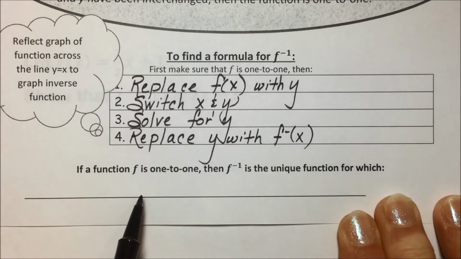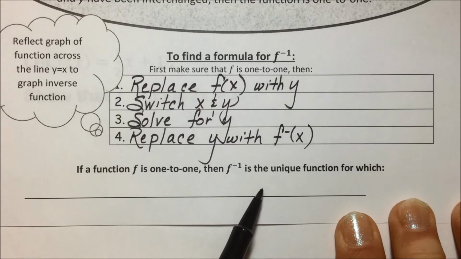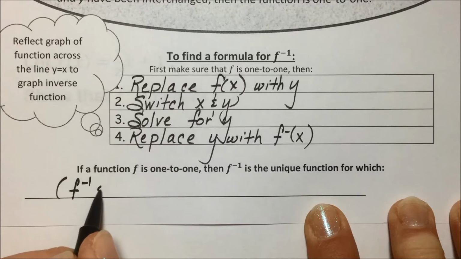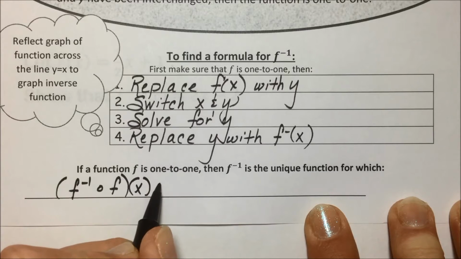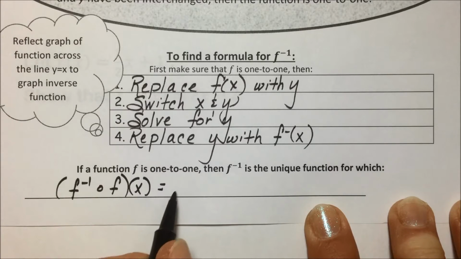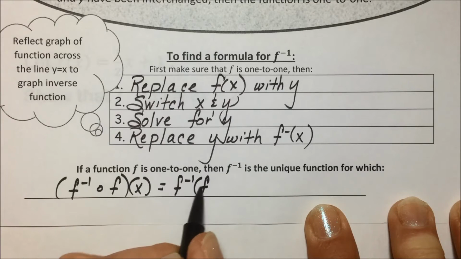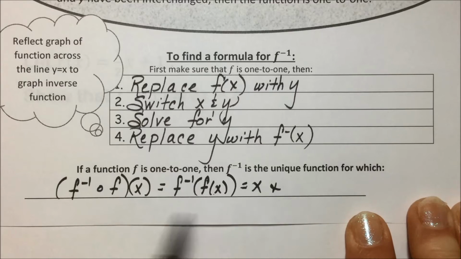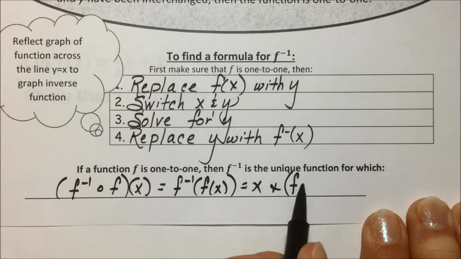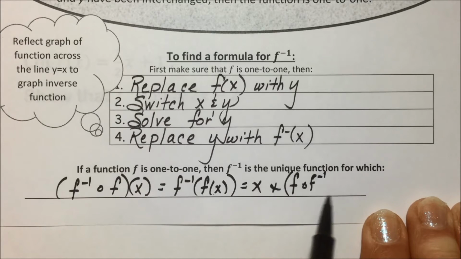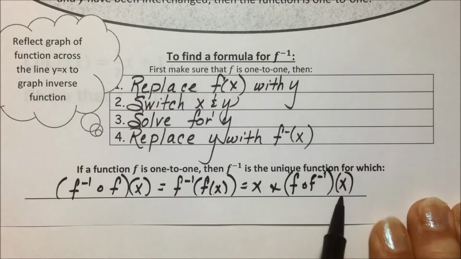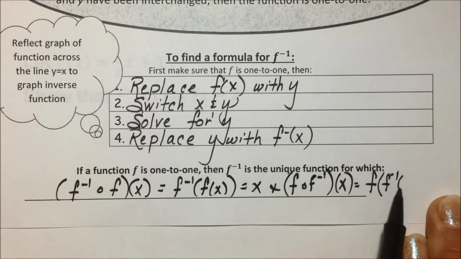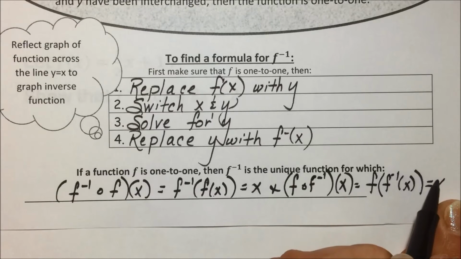If a function f is 1 to 1, then the inverse function is the unique function for which the composition of the inverse of f of x equals x, and the reverse, the composition of f of the inverse function of x is equal to x.